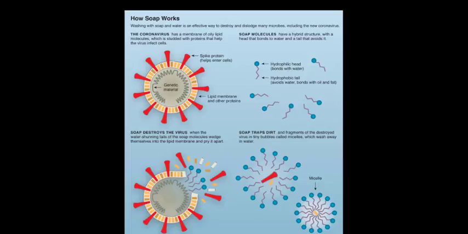And then when you wash your hands with water, those soap micelles wash that bacteria and virus fragments away. So essentially, the soap breaks apart the lipid bilayer of microorganisms.